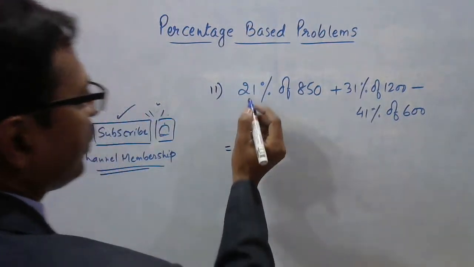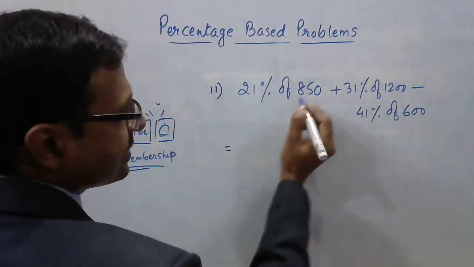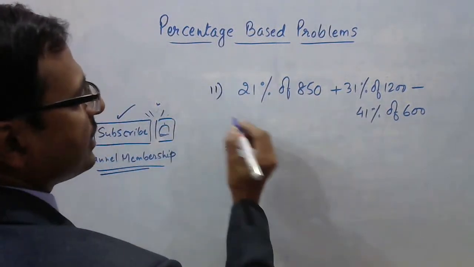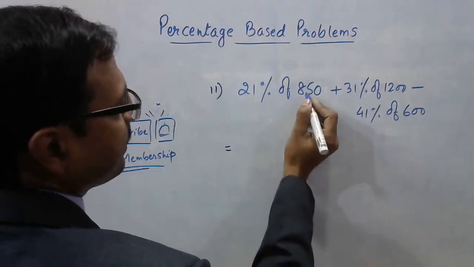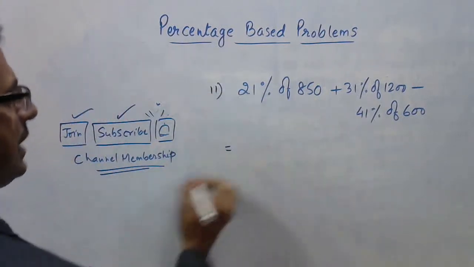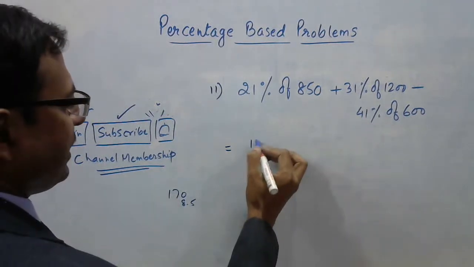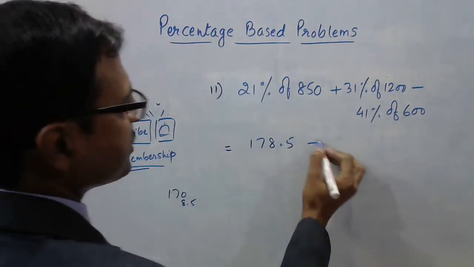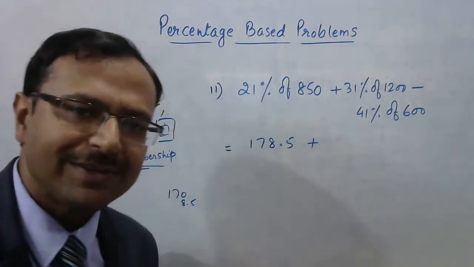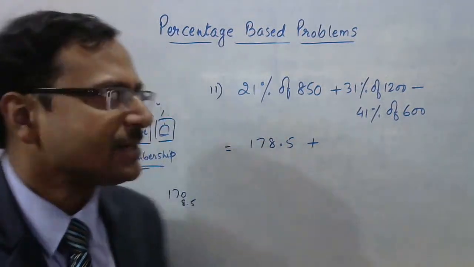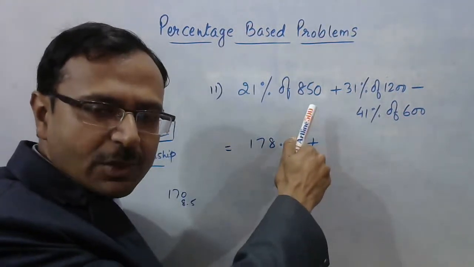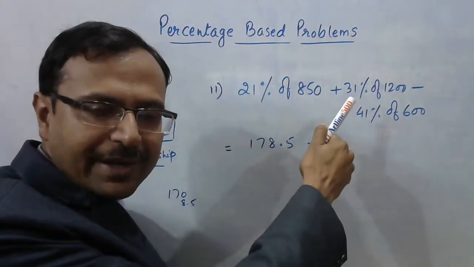Okay, so 21%. I do it like this: 85 into 2. This is 170, and 1% is 8.5. So 170 and 8.5 is obviously 178.5. That is the first percentage. What did I do, friends, here? I just found the 10%, which is obtained by putting a decimal one digit from the right hand side.